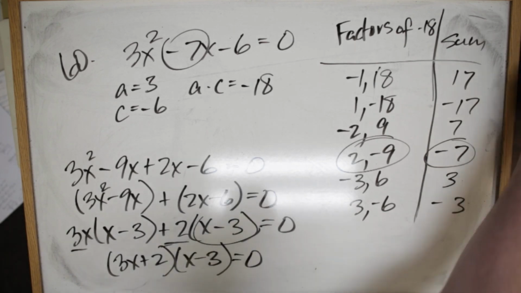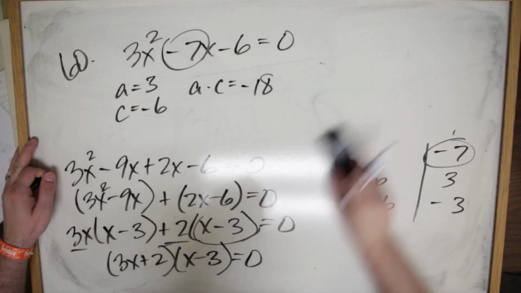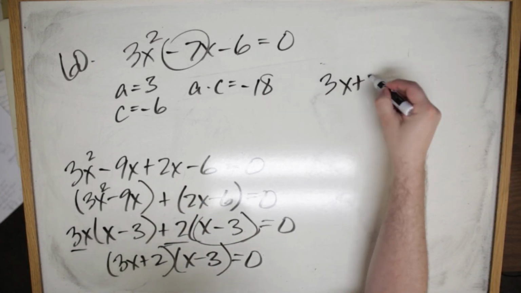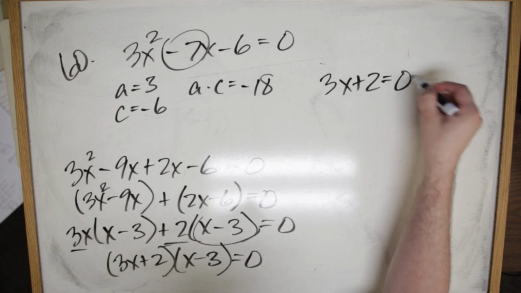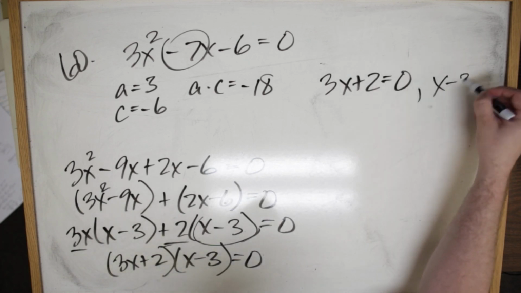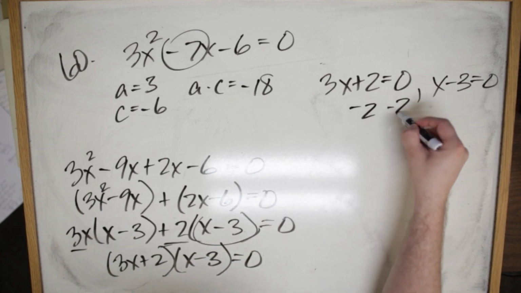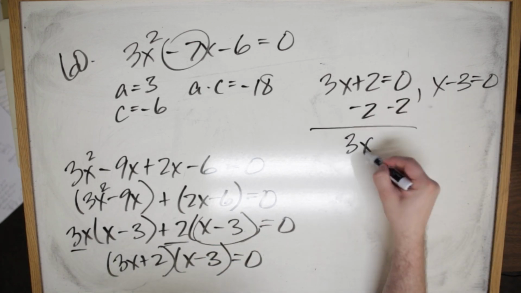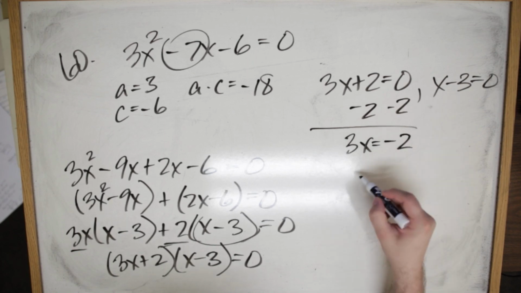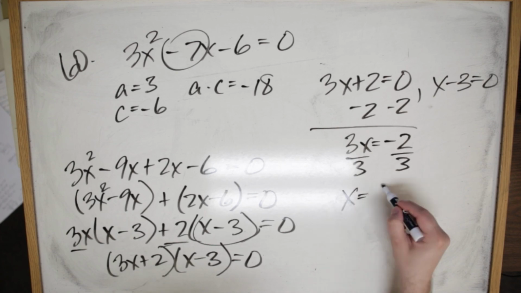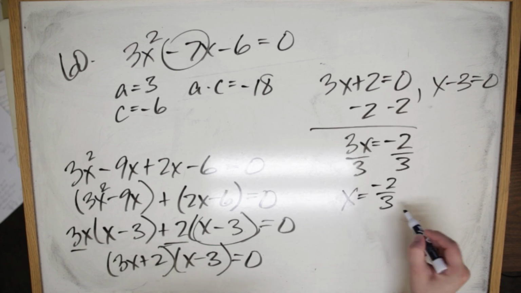And now we will just solve them separately. Okay, so 3x plus 2 equals 0. x minus 3 equals 0. Subtract 2. 3x is equal to minus 2. Divide by 3. x is equal to minus 2/3.